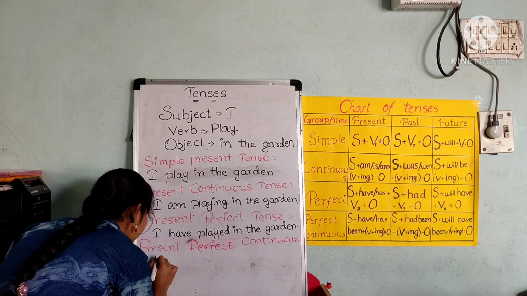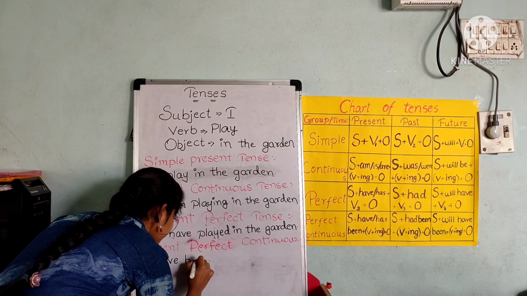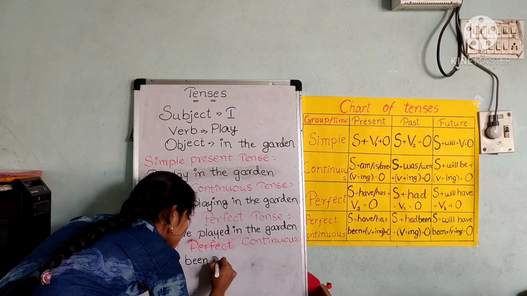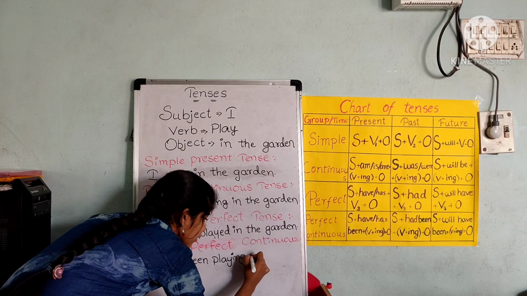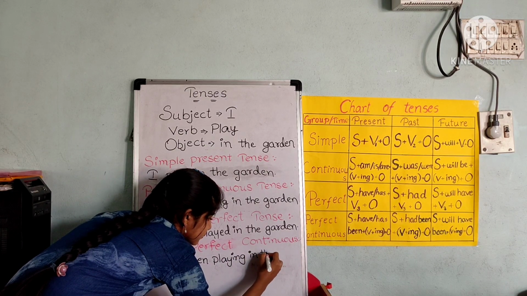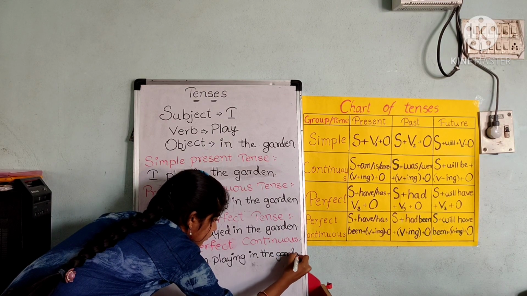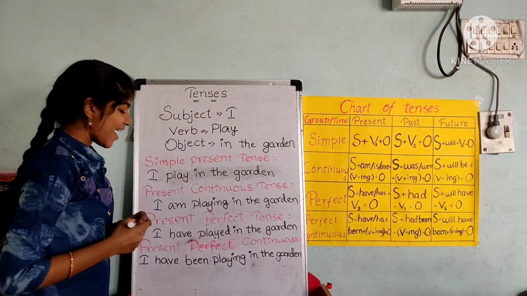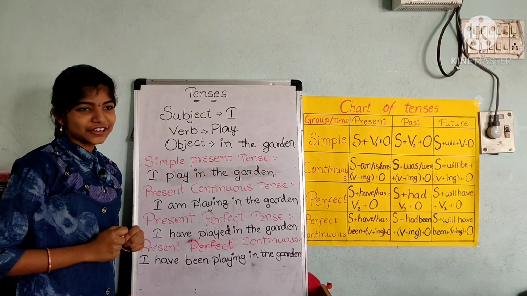I have been, verb plus ing form, means playing, in the garden. I have been playing in the garden is an example for present perfect continuous tense.